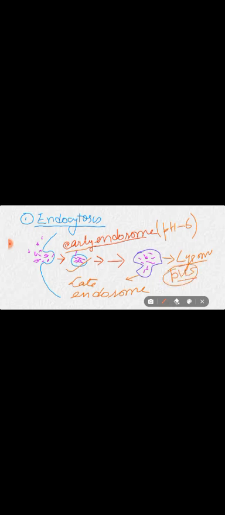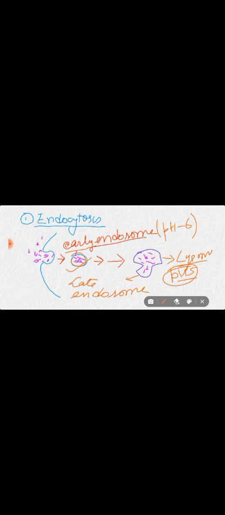Okay, so here we can see that in endocytosis the macromolecules are digested by the cell. The cell forms an invagination to form an early endosome, where the macromolecules start to be hydrolyzed, because in early endosomes the pH is around 6.